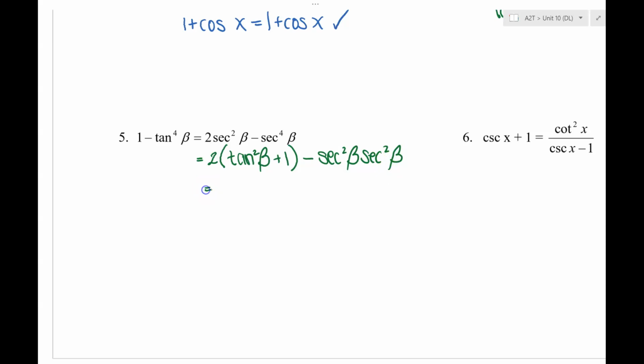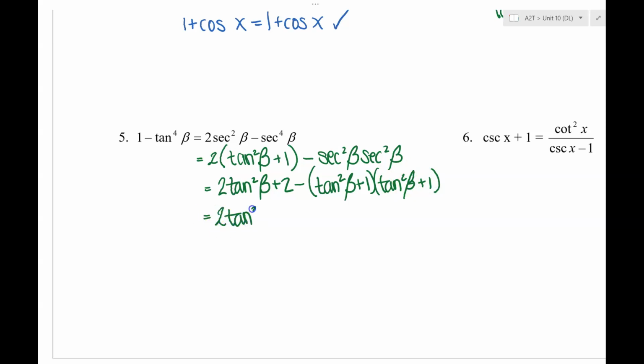The reason I'm going to break it out like that is because, plus 2, the Pythagorean identities, yes, good, some of you I'm sure are saying it already, are squared. Okay, so then I distributed the 2 in case you missed that. So 2 tangent squared beta plus 2 minus, this becomes tangent to the 4th beta, I'm just foiling, plus 2 tangent squared beta plus 1.